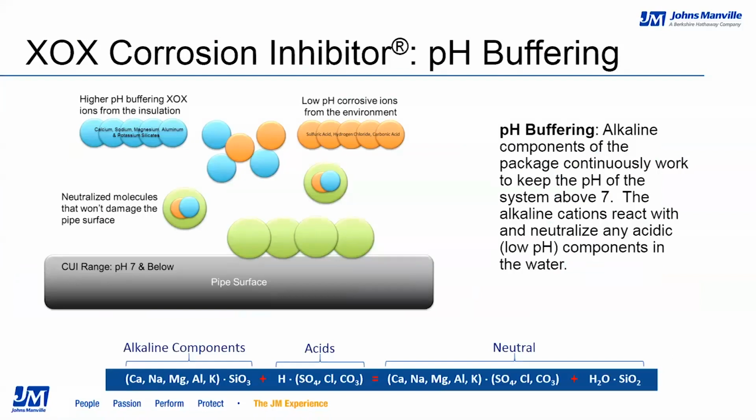The first mechanism that our corrosion inhibiting package uses to combat corrosion is through pH buffering. Low pH compounds from the environment can accelerate corrosion on the pipe surface, especially at high temperatures. When the XOX corrosion inhibiting compounds in the insulation come into contact with water, they will result in a slightly alkaline environment. Those alkaline components in the system will neutralize any acidic compounds that may enter the system to keep the pH above 7.